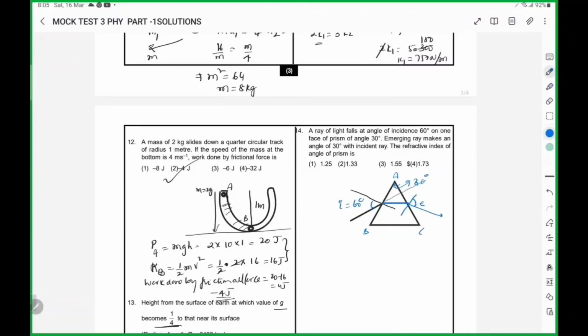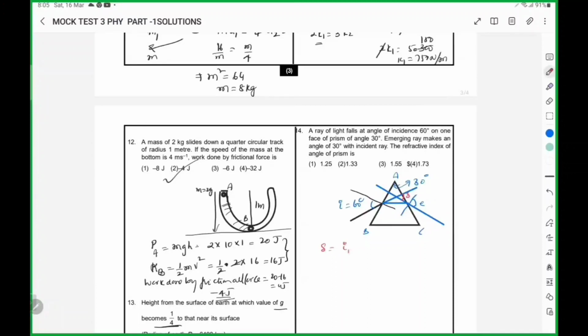This is the incident ray and this is the emergent ray. This part is the angle of deviation.